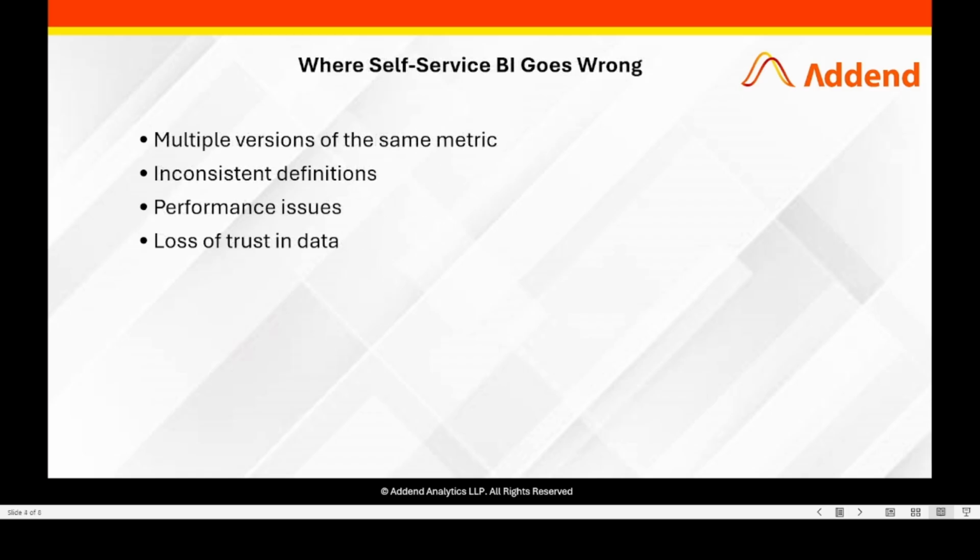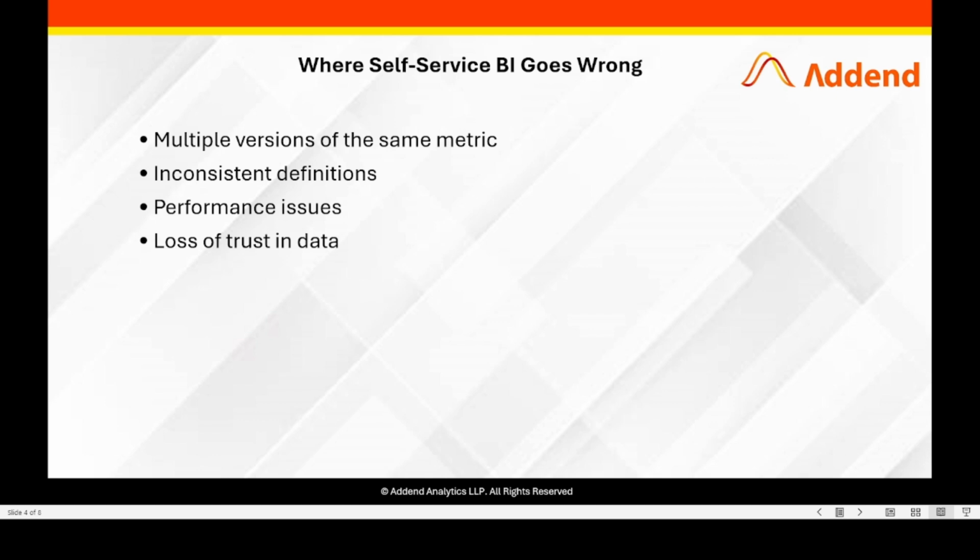Where self-service BI goes wrong: when empowerment turns into chaos. Self-service BI often fails when too much freedom is given without structure. Different teams may create their own versions of the same metric, leading to conflicting numbers, inconsistent definitions, and poorly designed models. Heavy calculations also introduce performance issues.